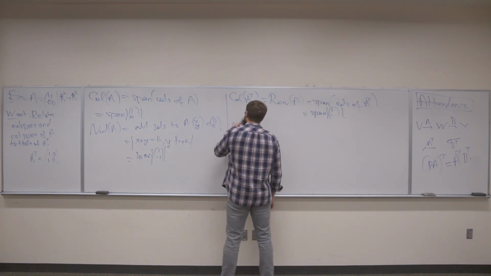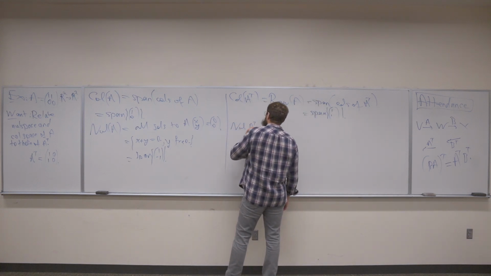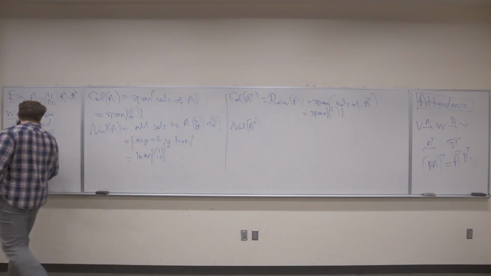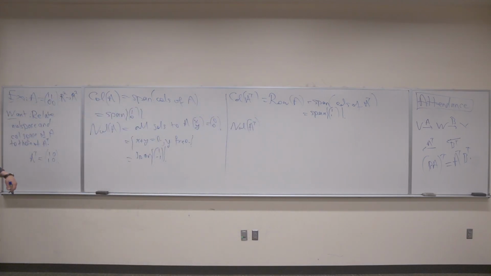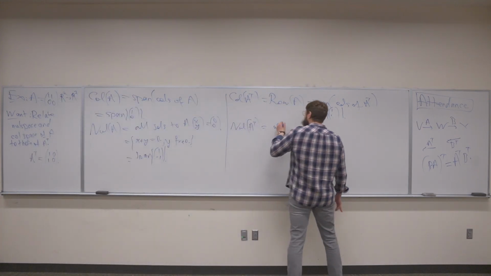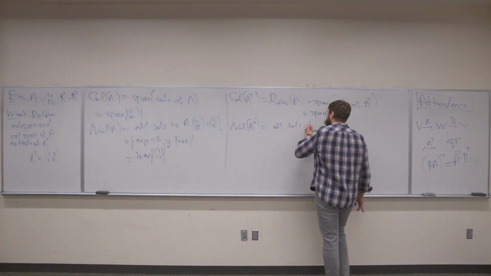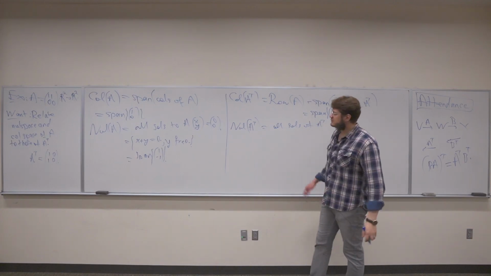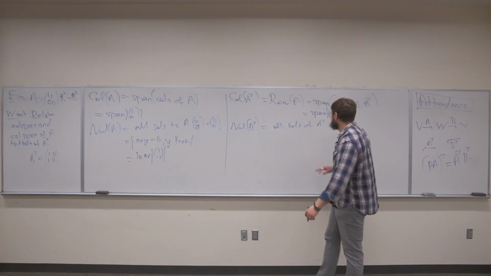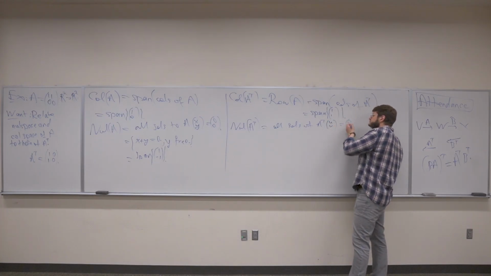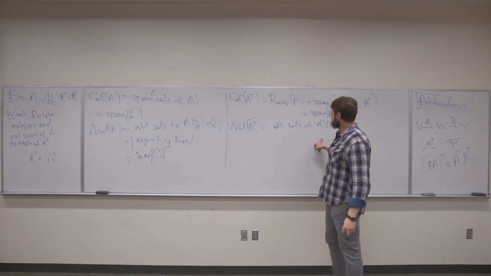And finally, the null space of A transpose. Again, I need to set up the equation. A transpose times x y equals 0, 0. Maybe I'll use different variables. Let's say u and v. A transpose times u v equals 0, 0.